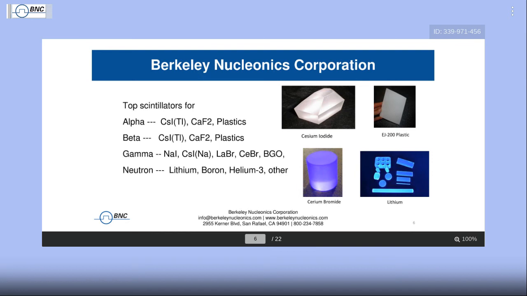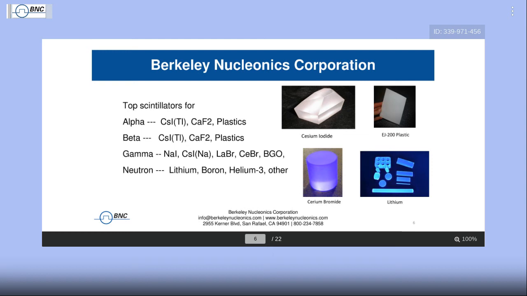And so sometimes you'll need something that's a little more dense, something very bright, something that when a photon strikes it, generates a lot of light internally. And the workhorse, for instance, sodium iodide has been around for a long time.